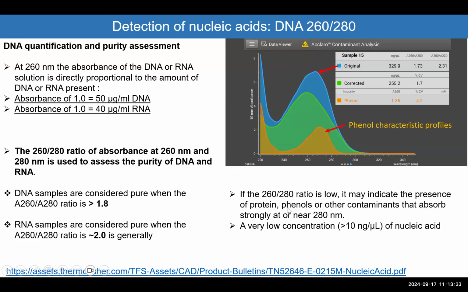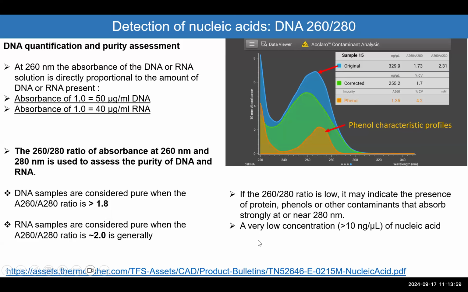Okay, so I wrote down here one of the examples. If the 260 to 280 is low, it indicates the presence of proteins or phenols, because the lower the ratio, the higher the 280 value, right? Because you are dividing 260 by 280. And therefore, it means that there is a contaminant that shows up there.